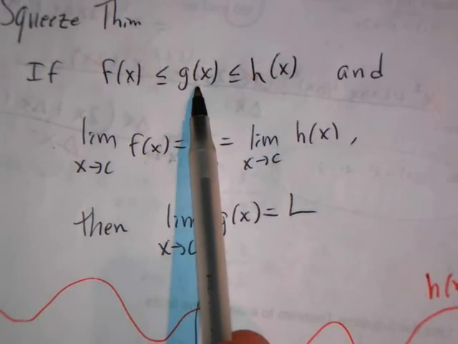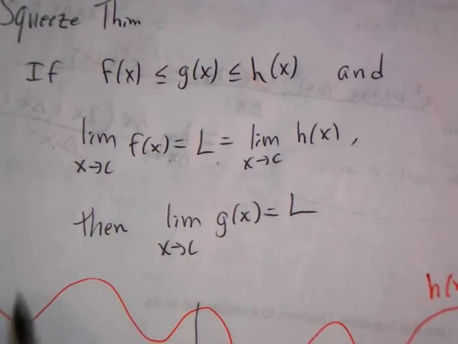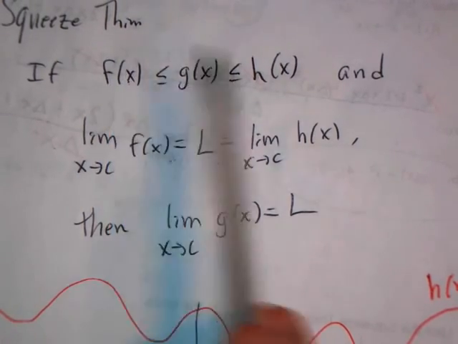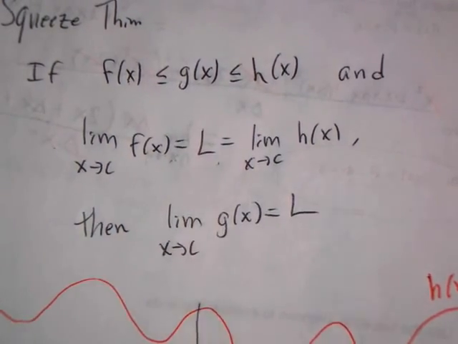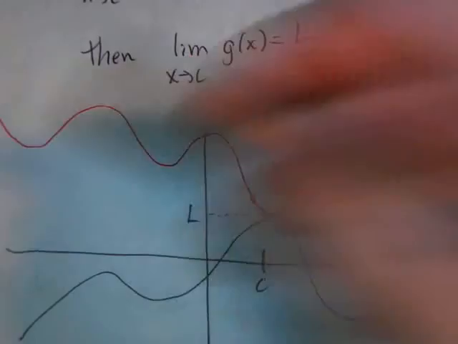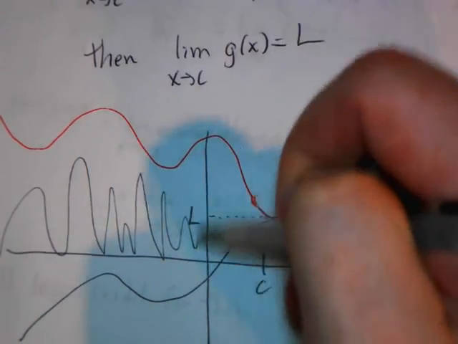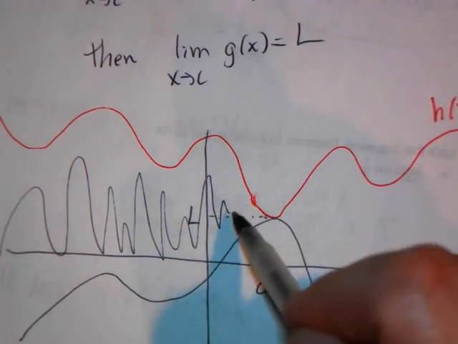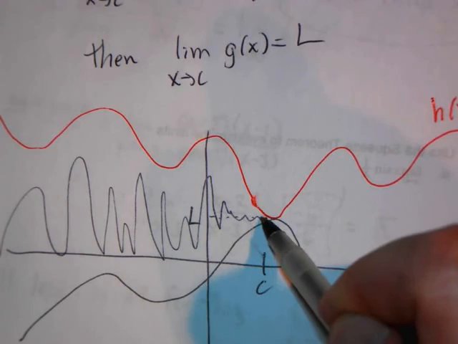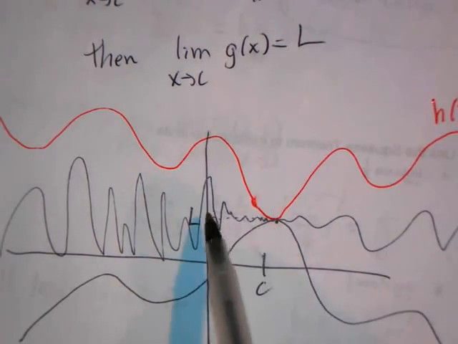So this is called the squeeze theorem because g is squeezed by f and h. It's also sometimes called the sandwich theorem, where f and h are the bread and g is the stuff in the middle. All right, well, what has to happen? g's in the middle. g's always in between f of x and h of x. I don't know what g's doing. It's going all crazy here. But when it gets close to c, it's stuck in the middle, so the only option is its limit has to be L also.